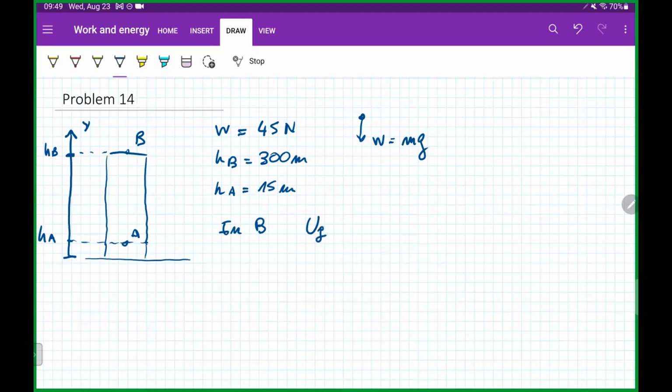U_G, gravitational, is mg h_B. Okay, that's what we just defined. So that's the energy that we have at point B. We're just taking the coordinate, multiplying it by mg. And for the kinetic energy at point B, we would have nothing, 0, right?